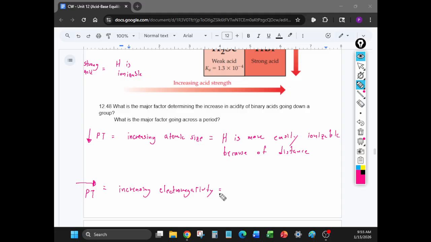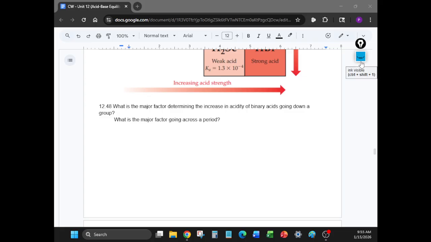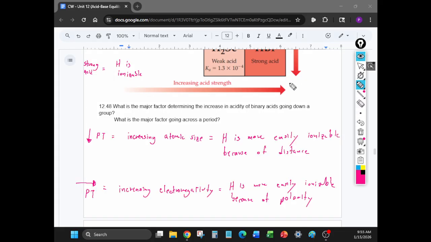Increasing electronegativity makes the hydrogen more easily ionizable, and it'll be because of the polarity. Because the element that hydrogen is bonded to is more electronegative, it will take the electrons more, and it'll actually make it easier for the hydrogen to fall off, which is what we are looking for when it comes to acid strength.